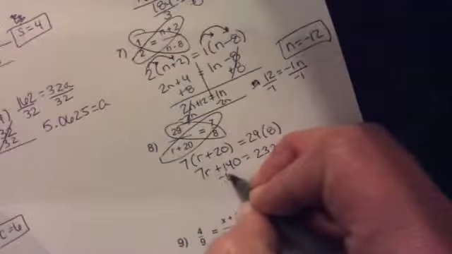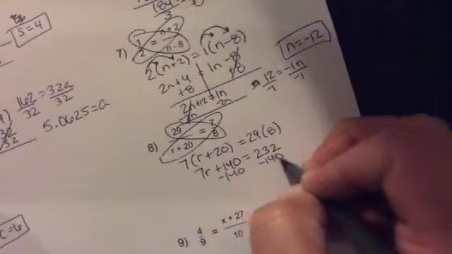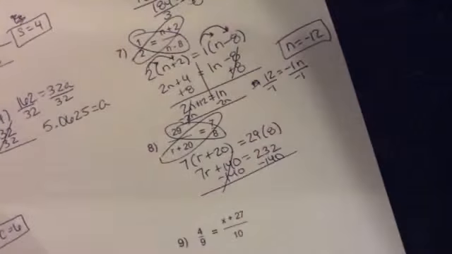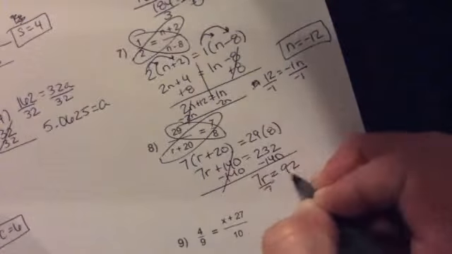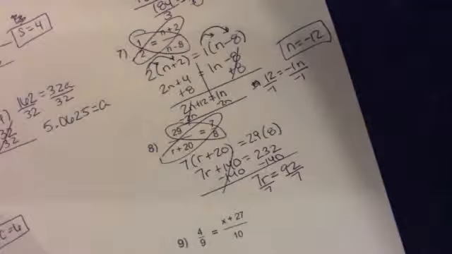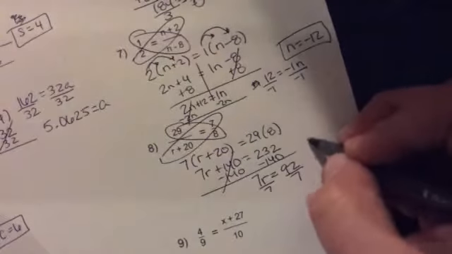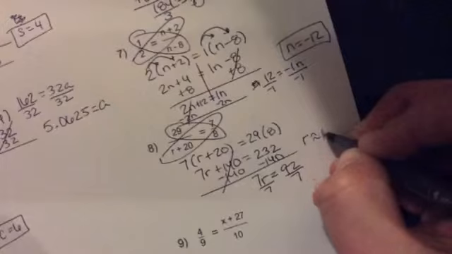Next step would be to take away 140. 7r equals 92, and then I divide by 7 to solve. It's approximately 13.14.